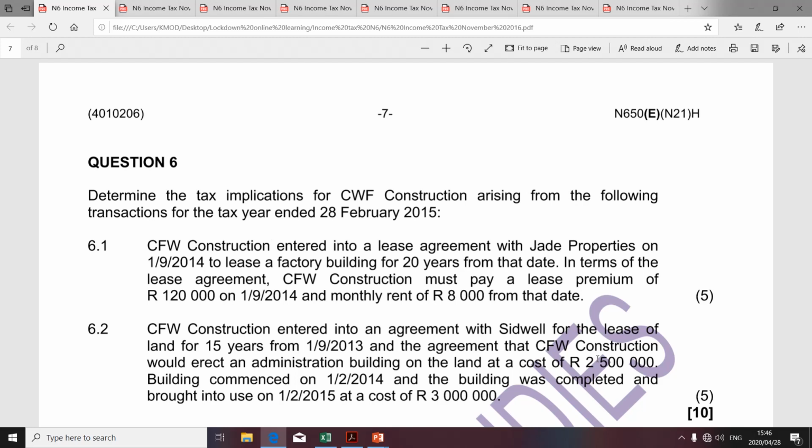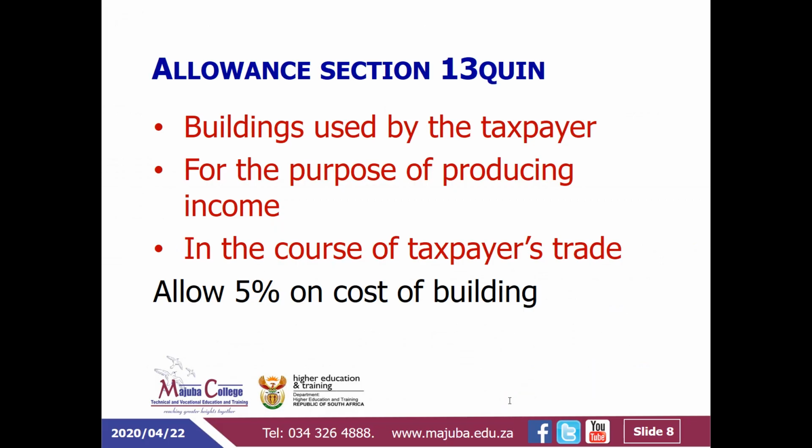A taxpayer cannot be granted more than one allowance, cannot have a duplication of an allowance. So if we were to take section 13 on that amount, it will be a duplication. So therefore, for us not to duplicate, we're simply going to take the 3 million, that is the actual amount, and deduct the amount that has already been taken into account in terms of section 11G. The difference between the two will be granted a 13 quin allowance, which relates to commercial buildings.